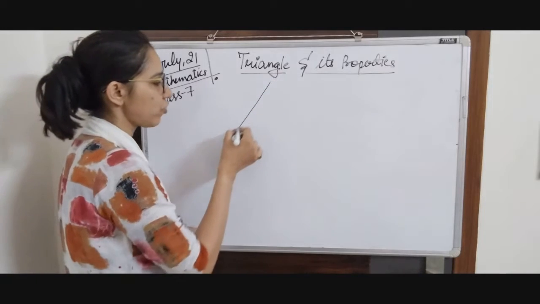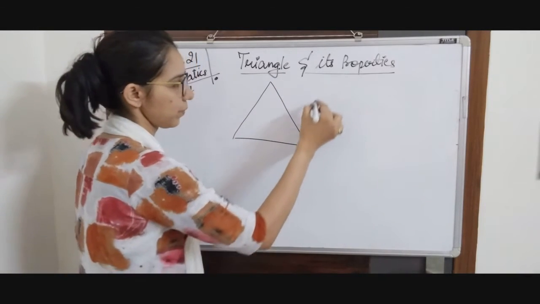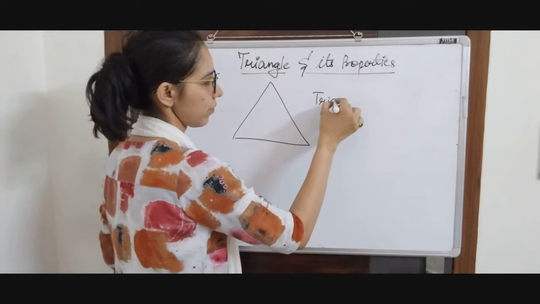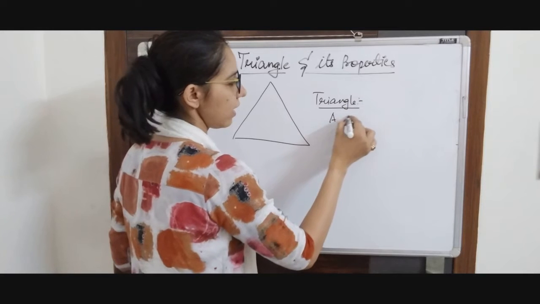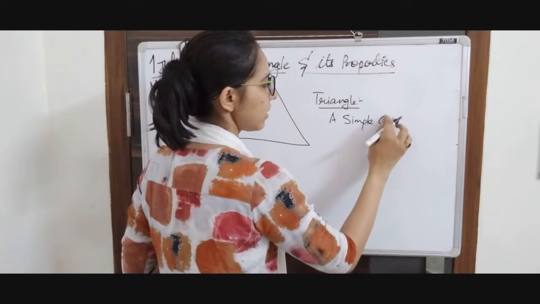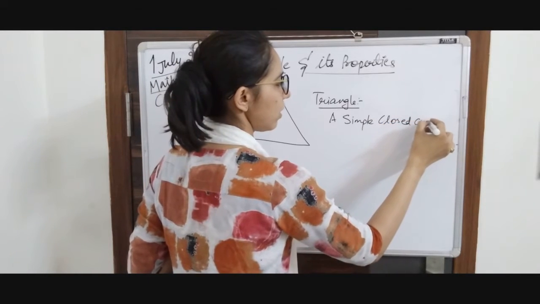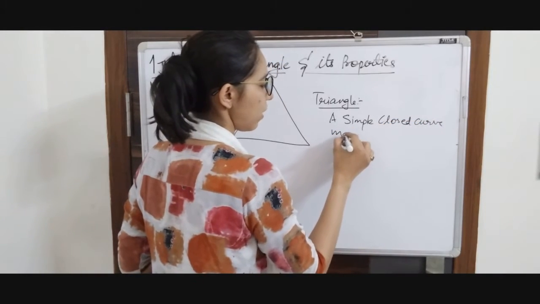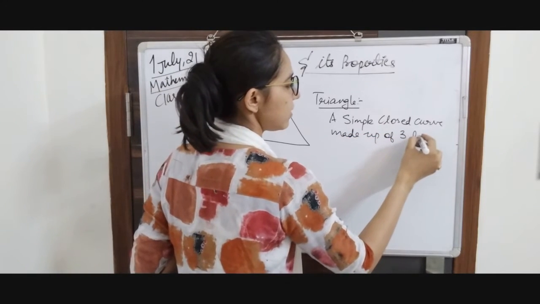First, what is a triangle? A triangle is a simple closed curve made up of three line segments.